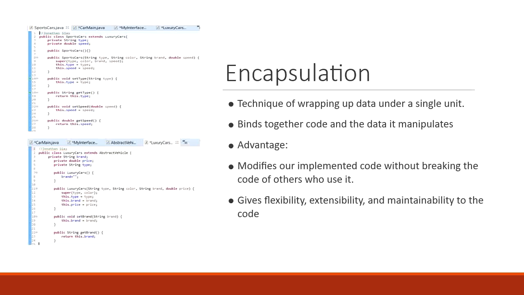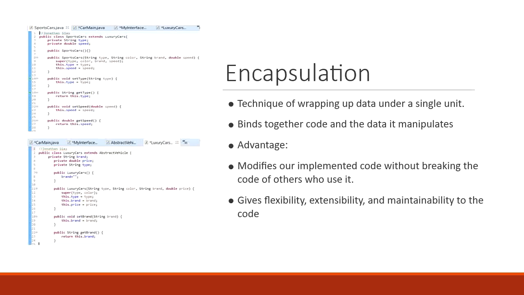So in my code on the left, I have the class SportsCars. Here we have the instance variables private, so they won't be accessed directly outside the class. We have to set and get these variables through the methods of the class.